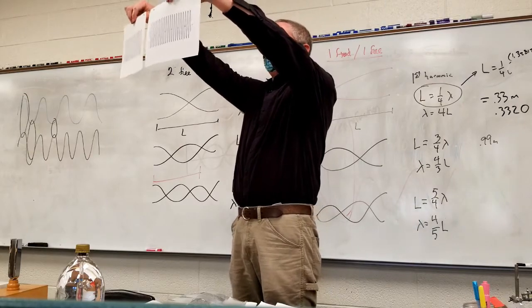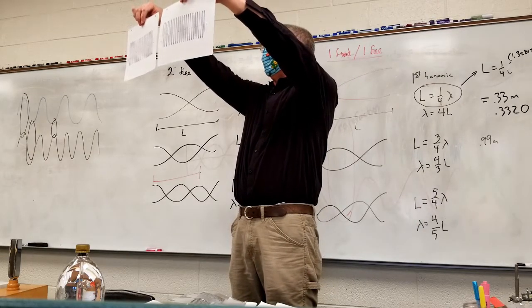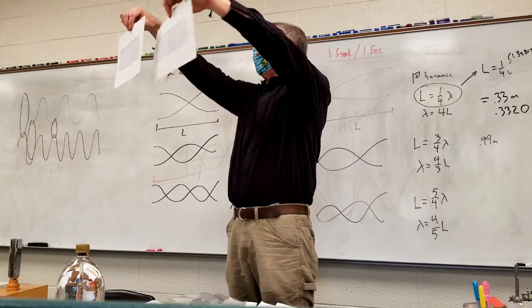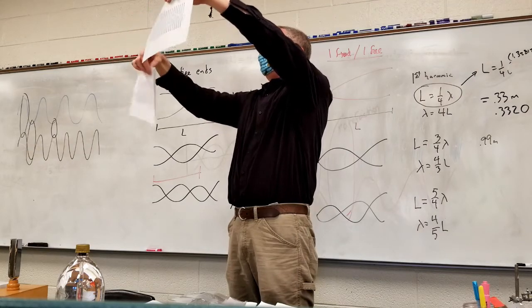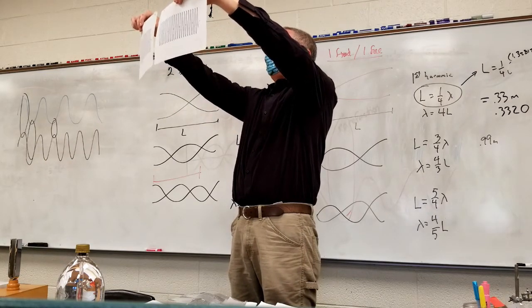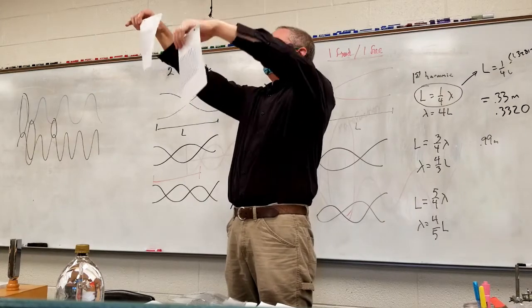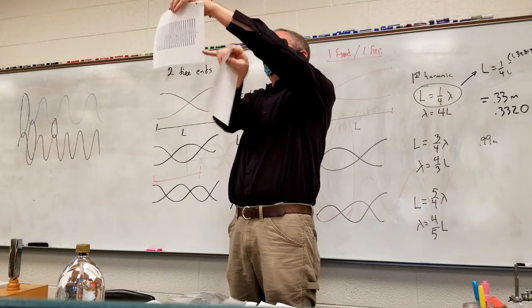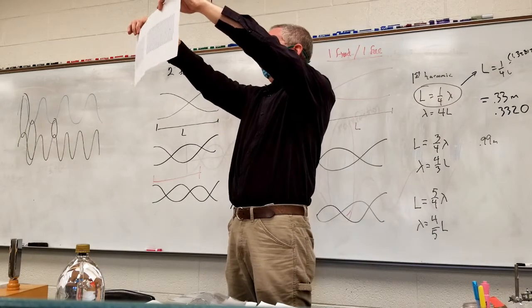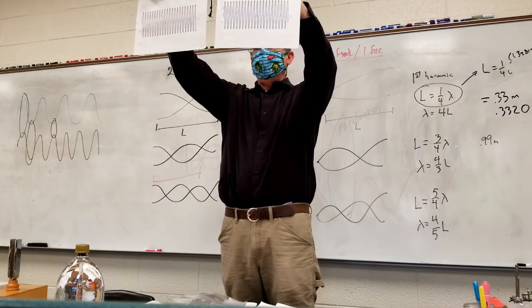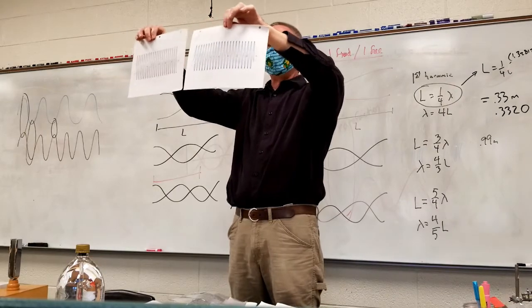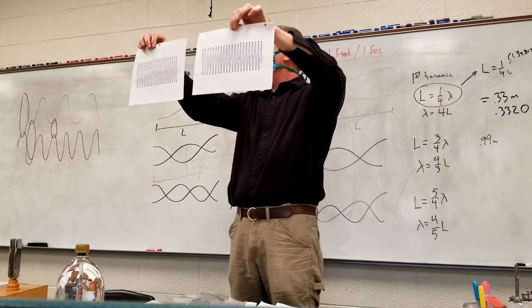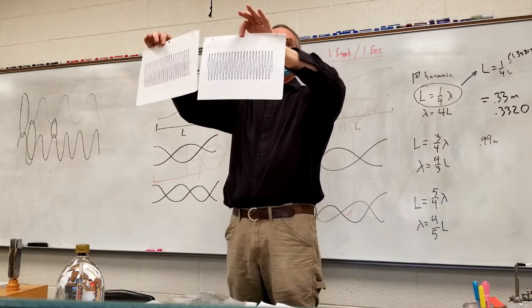Notice that these are not exactly the same, even though they look very similar at a quick glance. They both start at 0 over here and here. But they get to a certain point where this one ends just after bottoming out, and this one ends on the way down. So they are slightly different. Again, I'm trusting that you can see it, or if not, you will. If you need to see it closer, I'll be glad to bring it over to you.